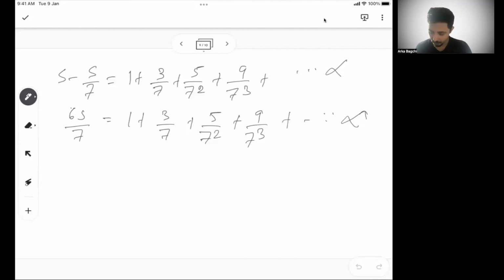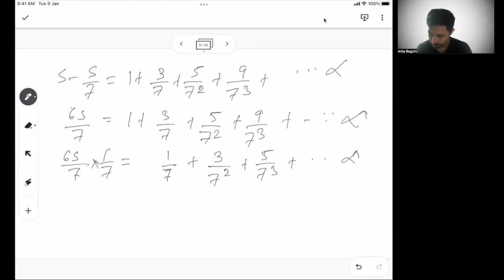So again, we do the left hand side divided by 7. So we'll do 6s by 7 into 1 by 7. So again, we are doing the same thing like we did the first level, first order. It is still not completely a GP. So 1 becomes 1 by 7, and we write one shift after: 3 by 7 square, 5 by 7 cube, and so on till infinity.